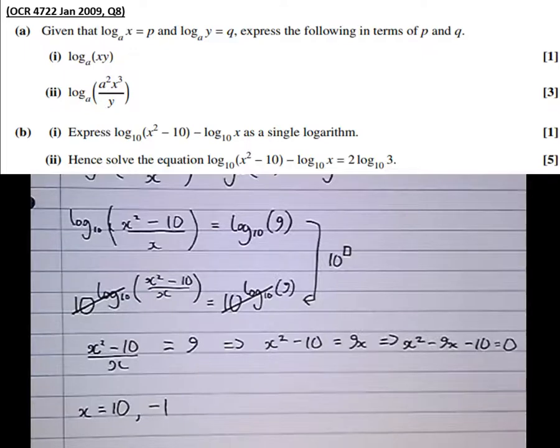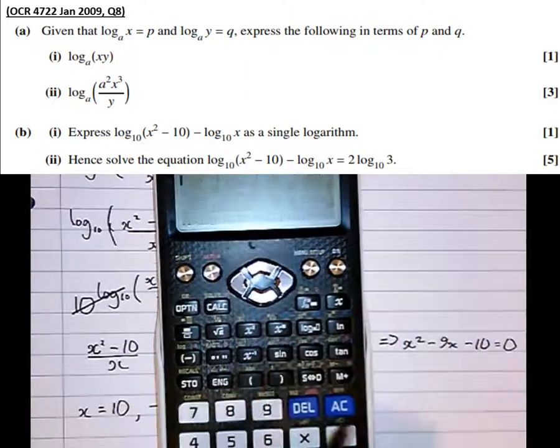So reading it, we've got log to the base 10 of x squared minus 10 minus log to the base 10 of x equals 2 log to the base 10 of 3. Now in theory both those solutions should work. However, looking at this one here, minus 1, if we try and sub that into the log to the base 10 of x term, log to the base 10 of minus 1, let's try and do that.